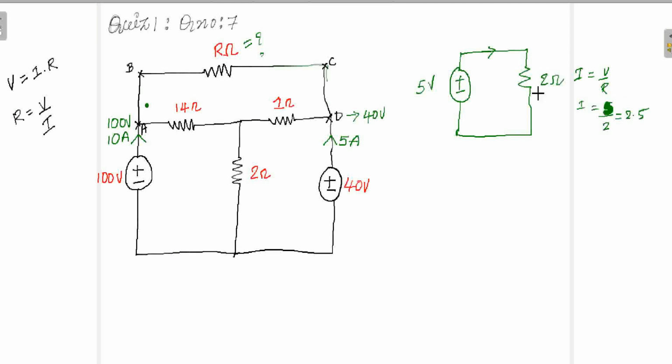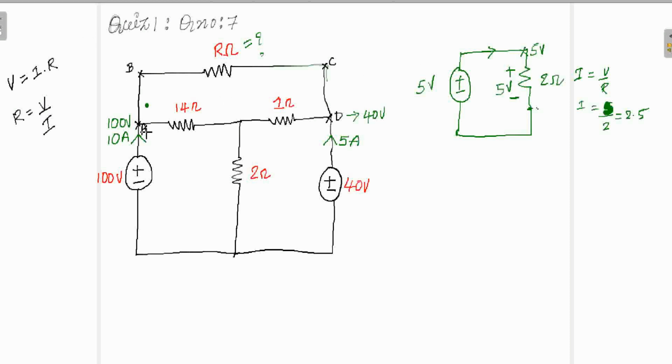The voltage drop across this 2 ohms is 5 volts. So it means that the plus 5 volts appears here and minus appears at the other end. So 5 minus 0, that is your 5 volts.